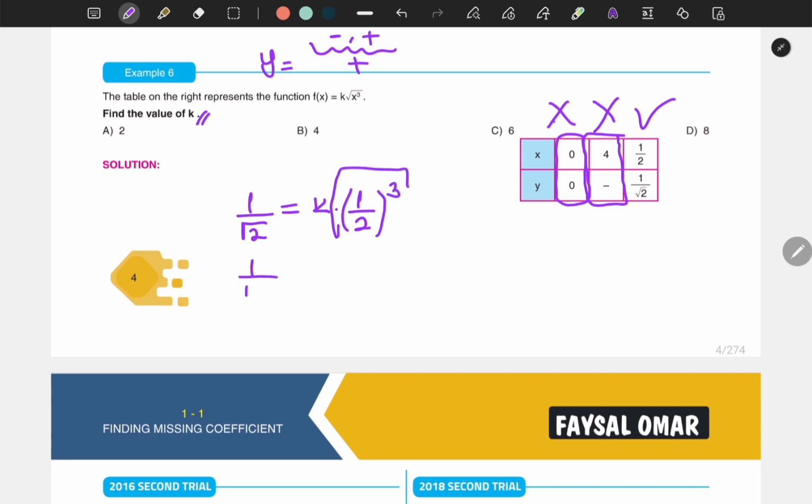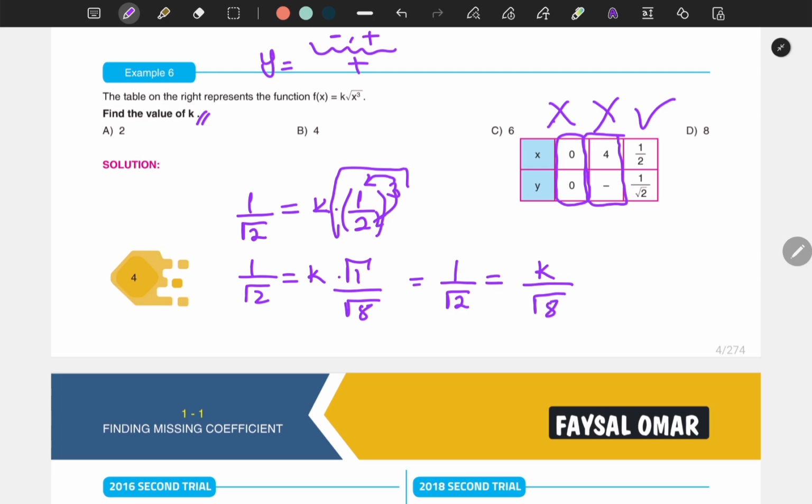Okay, 1 over root 2 equals k times root of 1 to the power of 3 over root of 2 to the power of 3, which is root 8. Because this power belongs to 1, at the same time it belongs to 2. Okay? And then let me continue. 1 over root 2 equals, root 1 is 1, 1 times k, k over root 8.